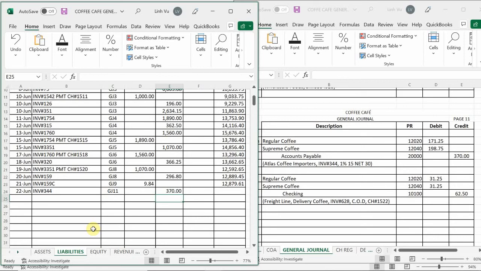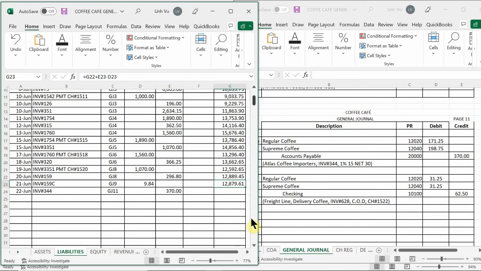So you'd be subtracting 370 from 12,879.61. Did I increase my liabilities or decrease my liabilities? Increase. Okay, so add that.